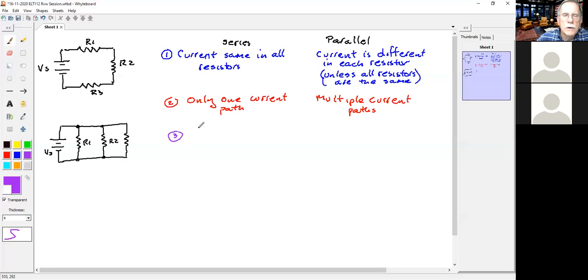In a series circuit, the voltage across the resistors is different. And again, we have the caveat unless all resistors are the same.